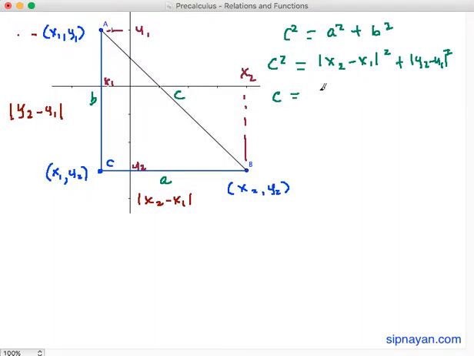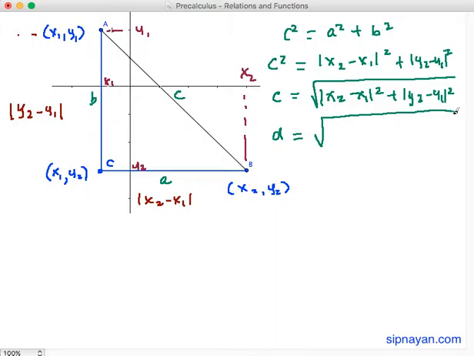We have c equals the square root of x sub 2 minus x sub 1 squared plus y sub 2 minus y sub 1 squared. If you notice, this is already the distance formula. The only difference is that we usually use the letter d instead of c, the hypotenuse, because it stands for distance.